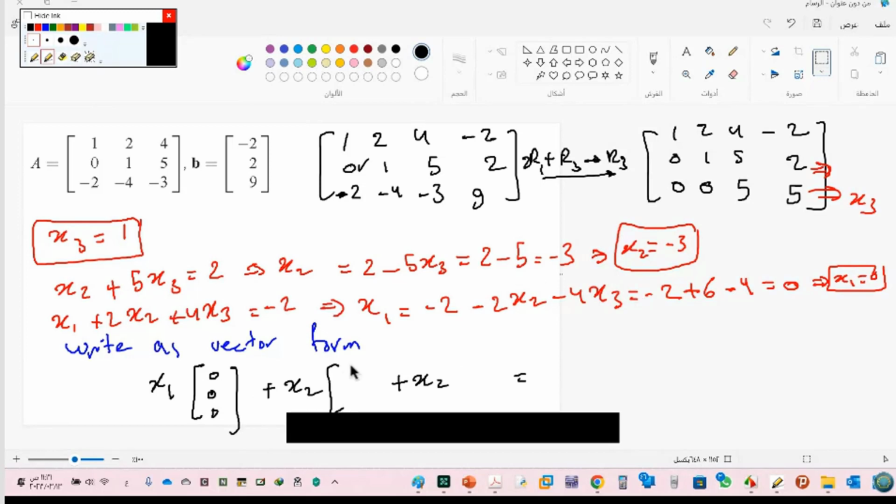For x2, x1 is 0, x2 is minus 3, and 0 for x3. For x3 here, it is 0, 0, then 1. The output will be here: minus 2, 2, 5.